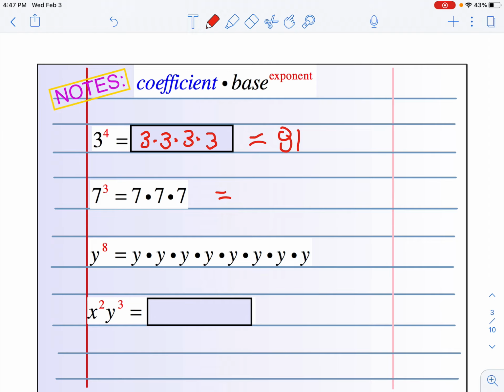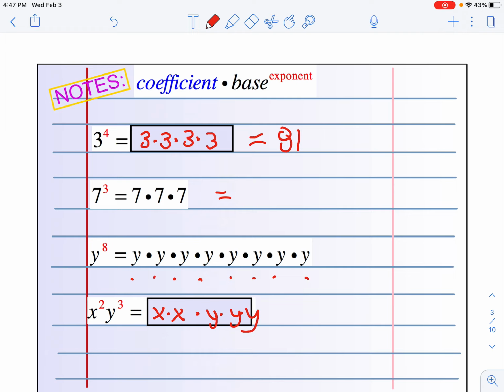And so then when you get variables, if you have y to the 8th power, that's y multiplied 8 times. And so x to the 2nd, y to the 3rd would look like x multiplied twice and y multiplied 3 times.